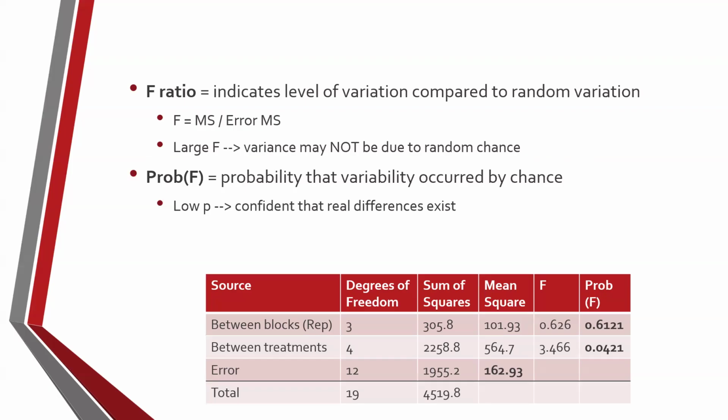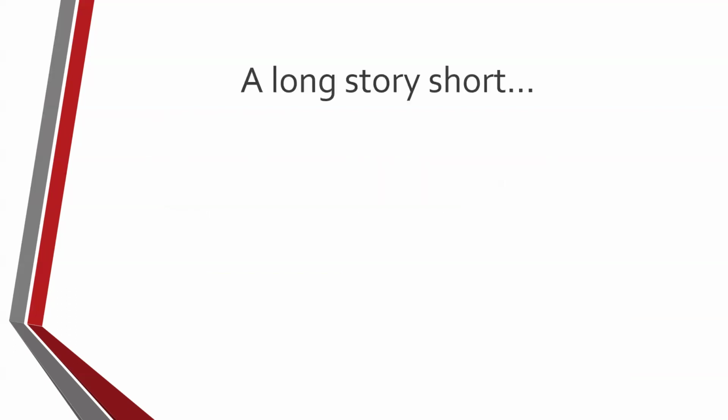Whereas if you have a high p-value, like we have here for the blocking, that would indicate that there's no evidence of a real difference between the blocks in this case. That could be because there's no real difference, or that the differences are just too small for us to detect.